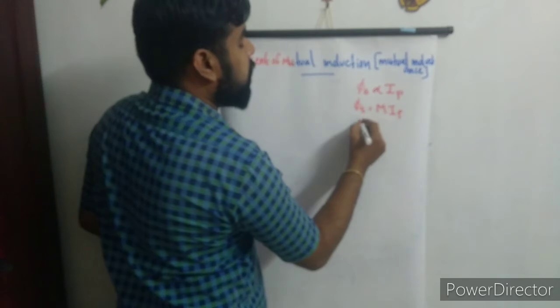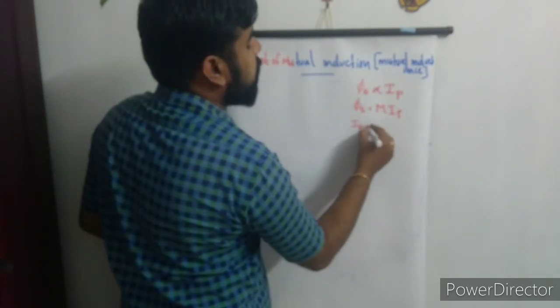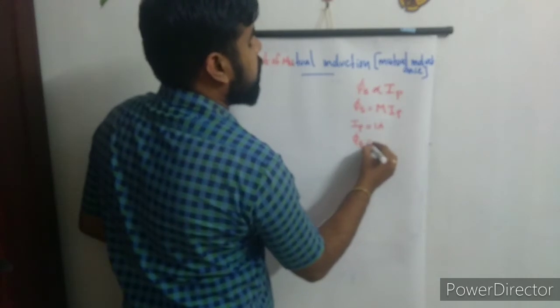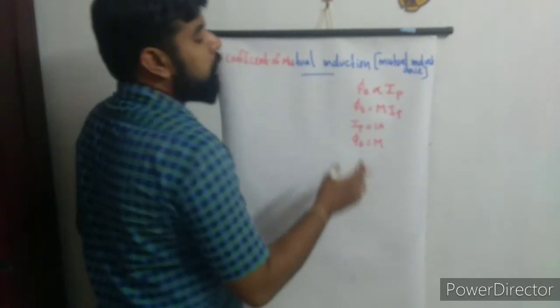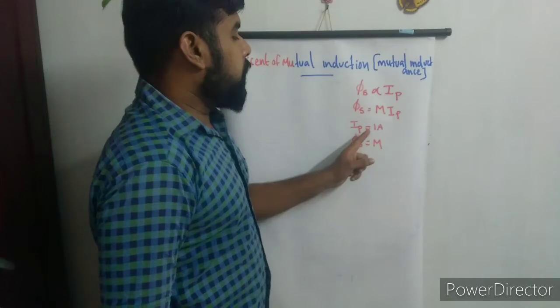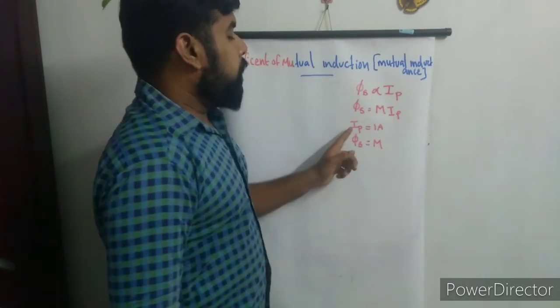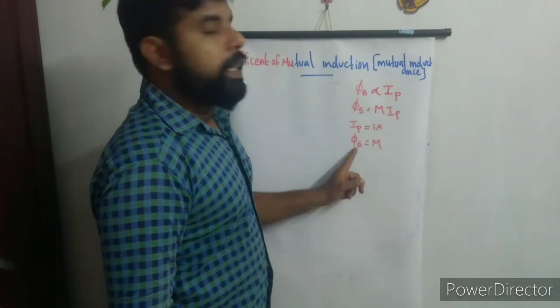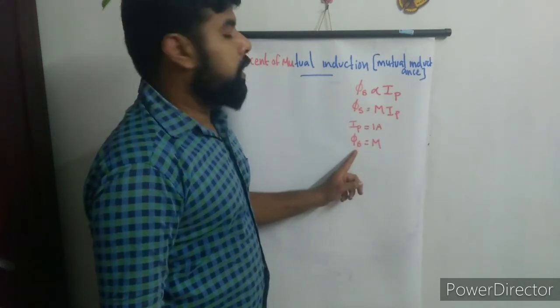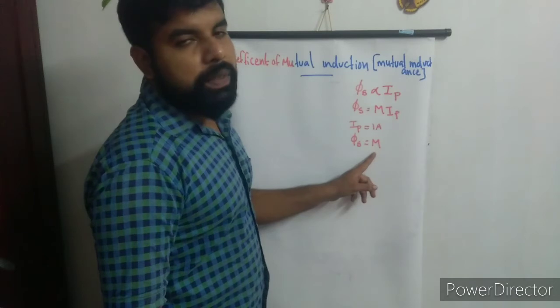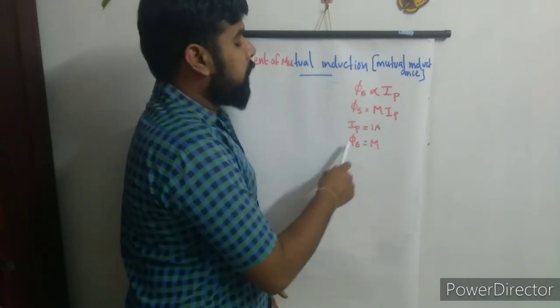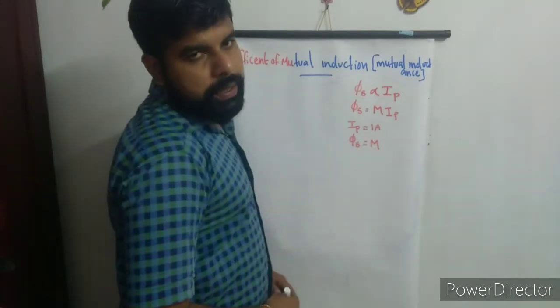If I P is equal to 1 ampere, then Phi S is equal to M. So for a primary coil current of 1 ampere, the secondary flux is the coefficient of mutual inductance.